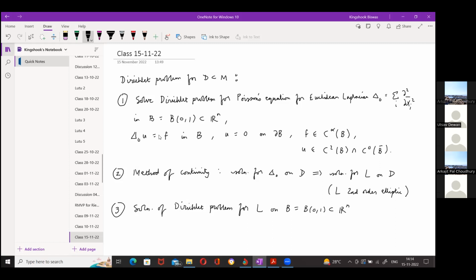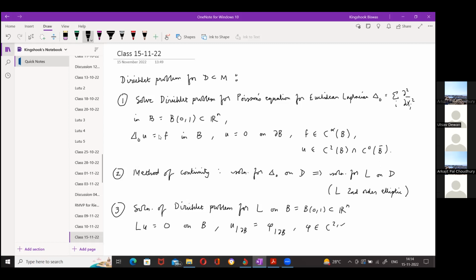And so here the solution we got was with appropriate boundary conditions. So say Lu equal to 0 on B and u restricted to boundary B equal to phi restricted to boundary B, where phi we assumed was nice enough.